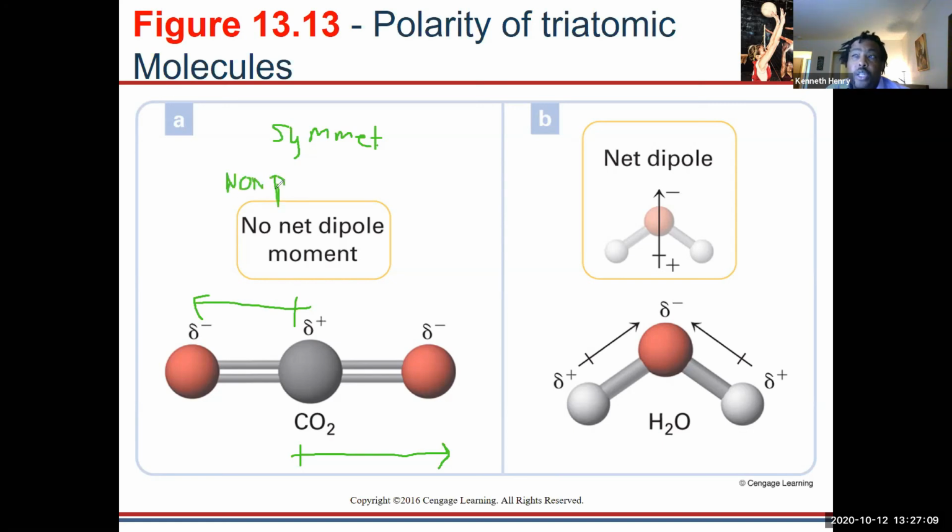So the molecule as a whole is going to be nonpolar, but each of the bonds were polar, right? And you can see that. So if I ask you a molecular polarity, it's nonpolar.